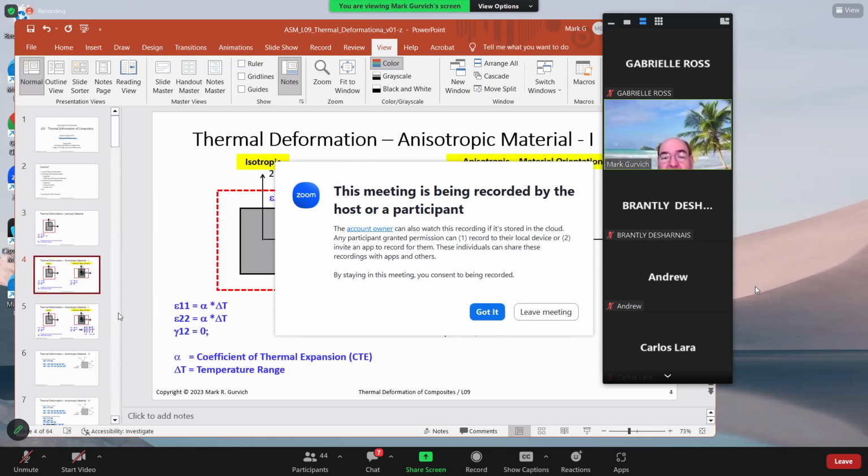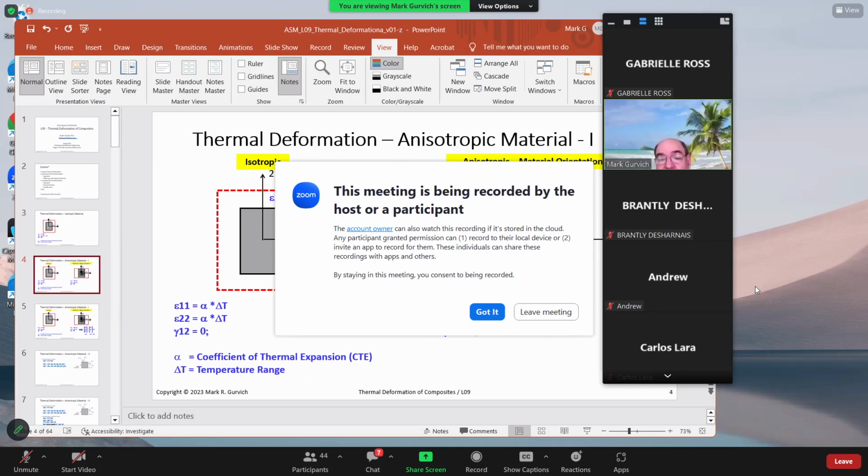So let's compare it. At the left side of the page, I have exactly the same image and description we just discussed, but at the right side, I have similar thermal deformation for anisotropic material now. So let's start with the effect of material orientation first, and let's assume that orientation 1 and 2 correlate with material orientation.